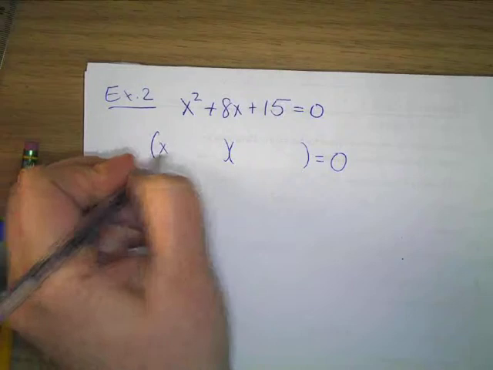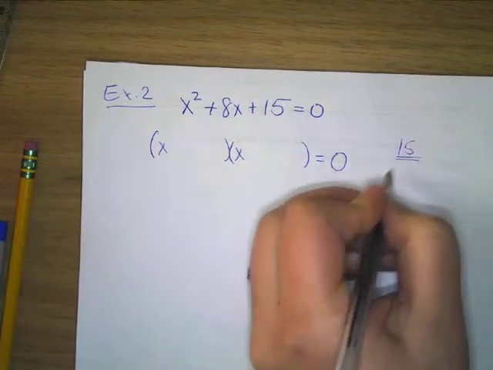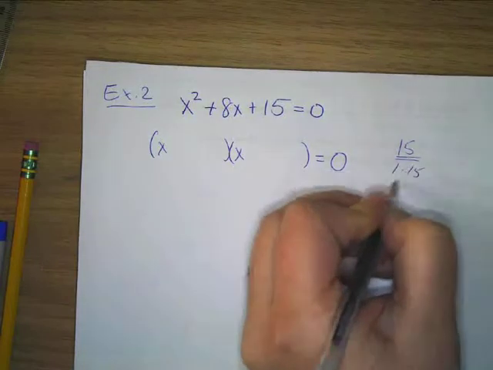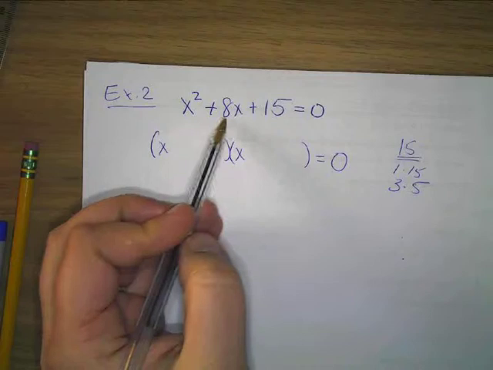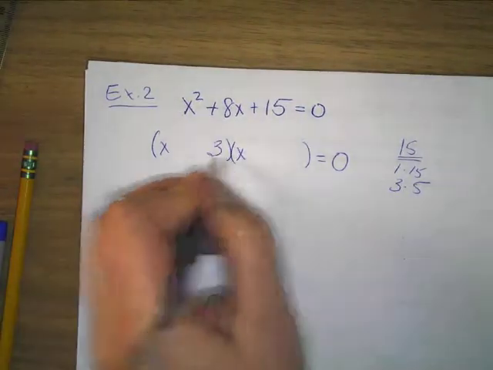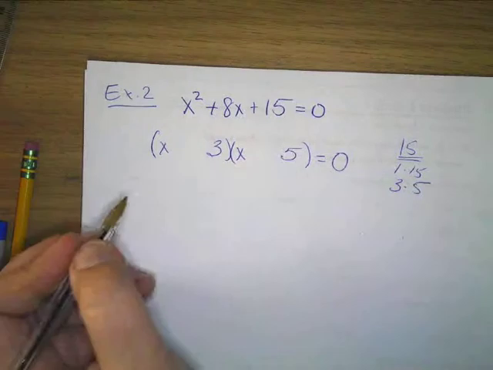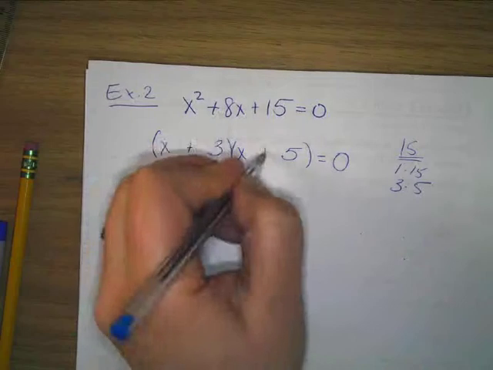To get x squared, it's x and an x. How do we factor 15? 5 and 3. Why 3 and 5? It multiplies to give 15 and adds to 8 in the middle. And they're both plus, because both of these are plus.